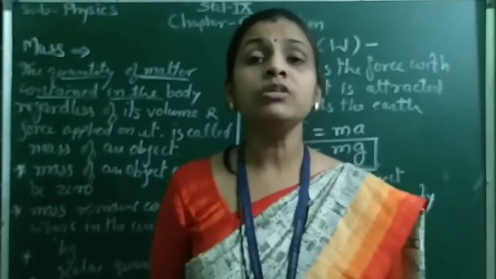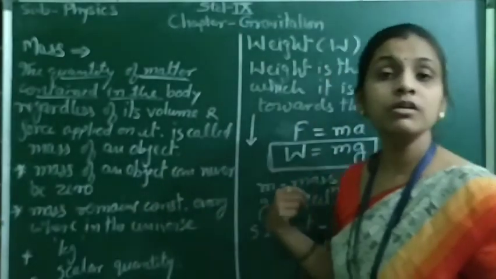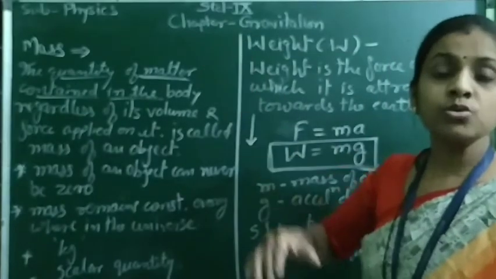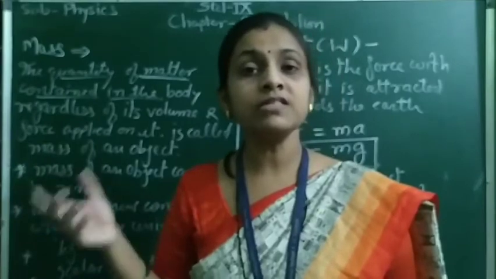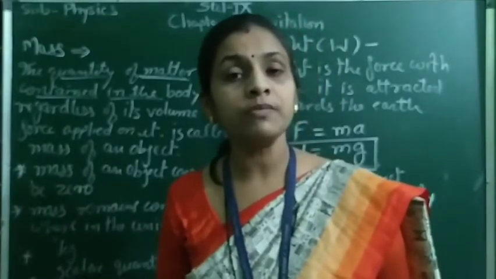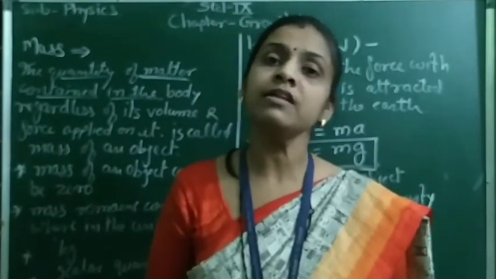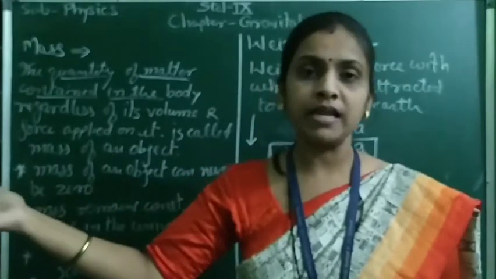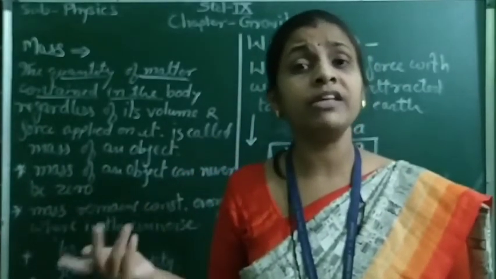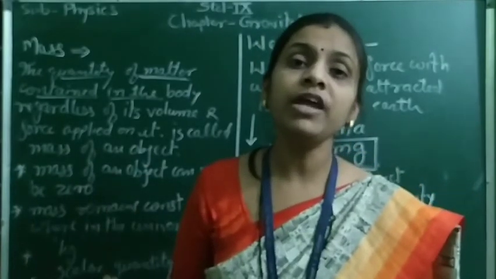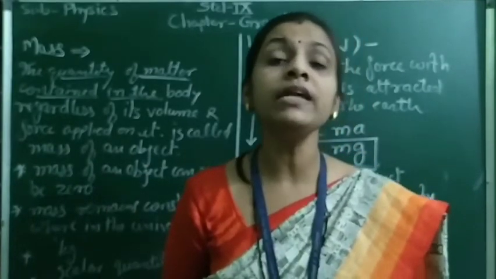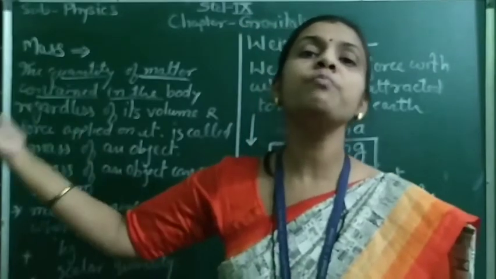Then how will the weight of an object be the same on the earth or on another planet? The acceleration due to gravity of the moon will be different. The value of g for Jupiter will be different. Then acceleration due to gravity on Saturn will be different. So as we change the planet, acceleration due to gravity changes. And as the acceleration due to gravity changes, the weight of an object also changes from place to place.